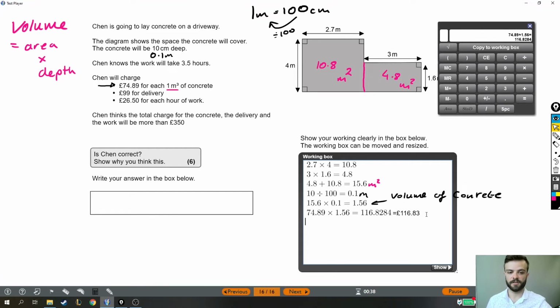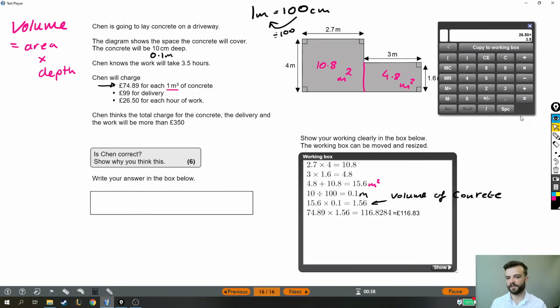We will add to that the £99 for delivery, which is just listed in the question here. But let's do that thing I mentioned right at the beginning. Let's work out how much it'll actually cost him for the work. Now he's going to charge £26.50 for each hour of work. It's going to take 3.5 hours, so we multiply that by 3.5.